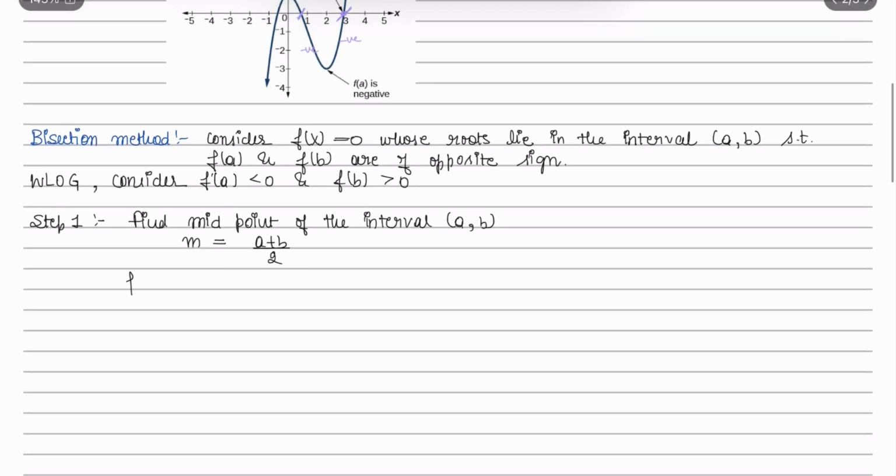Find f of m. Here f of m can be positive or negative.